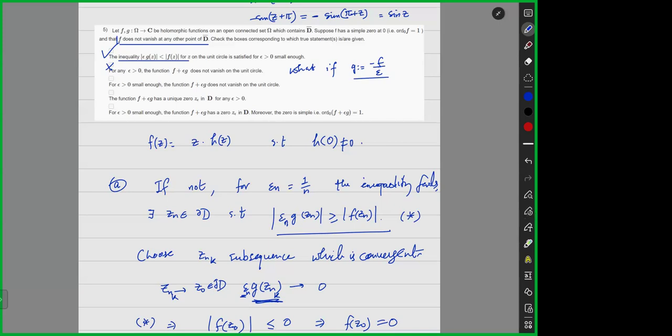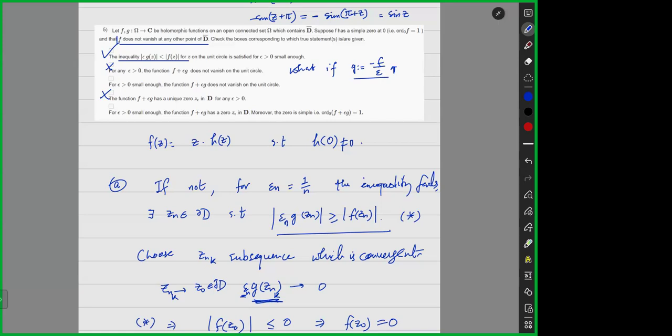It vanishes everywhere, right? In the same fashion, option D is wrong, because they say unique zero, but not necessarily a unique zero. We can take some g, just like in part B, and it vanishes everywhere, so unique doesn't make sense. Okay, good. So how about part C?